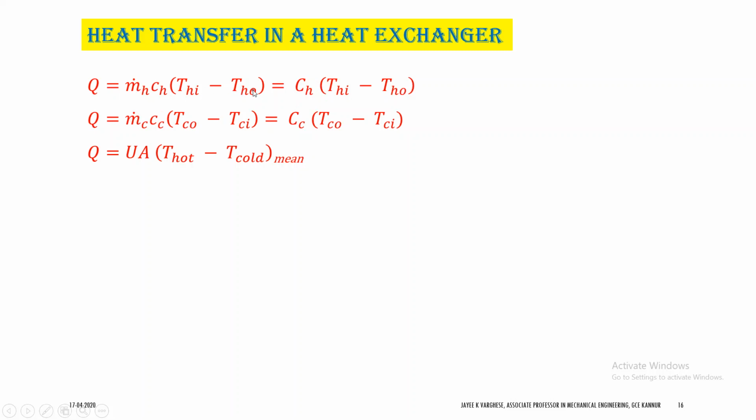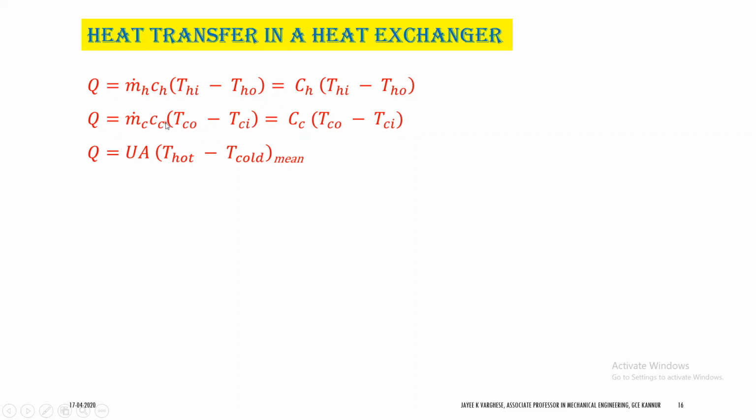into THI minus THO. Similarly, heat transfer can also be written as the heat gained by the cold fluid. So m dot c cc into TCO minus TCI, whereas TCO minus TCI is the increase in temperature of the cold fluid as it receives energy.